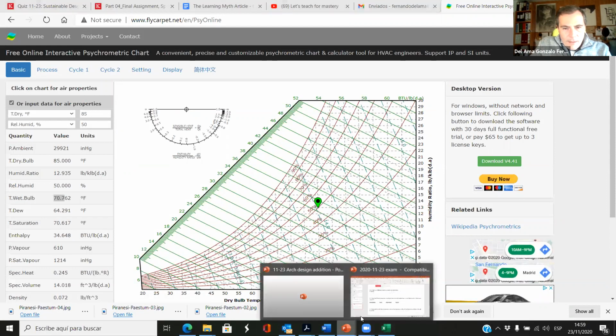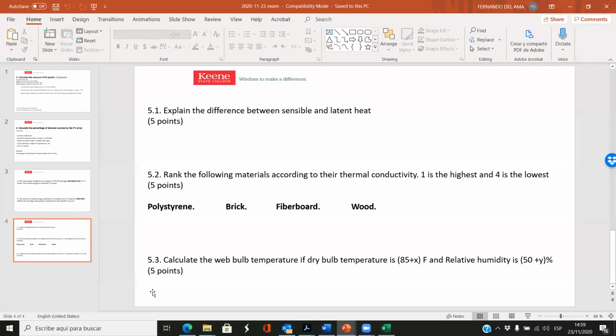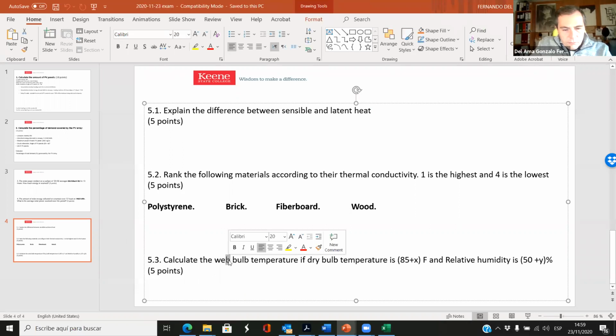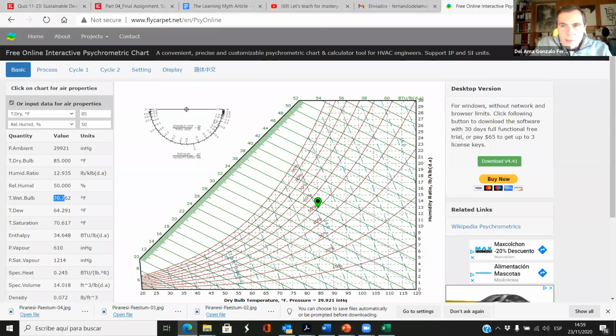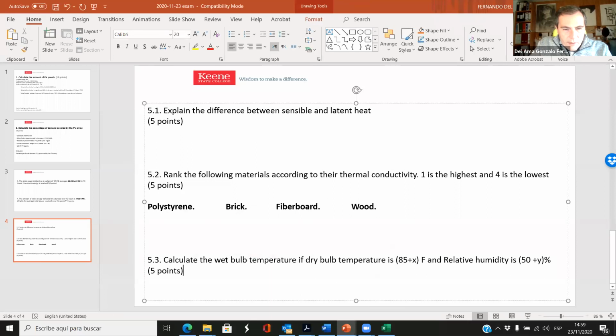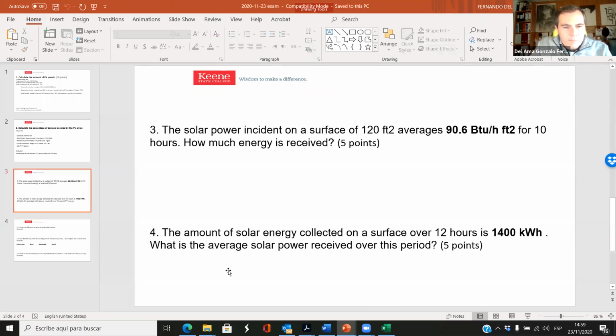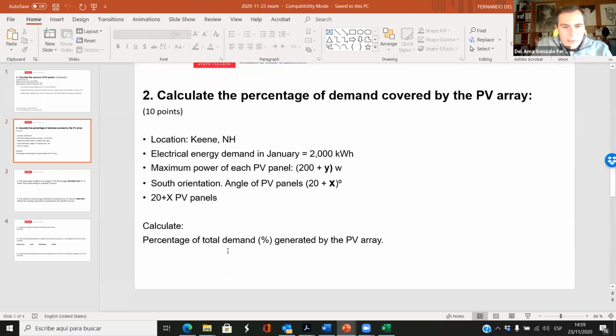Just a note, it says web bulb instead of wet. Oh, thank you, wet bulb. Yeah, this is the wet bulb temperature. Okay, this is wet. I will save it. Thank you for letting me know.